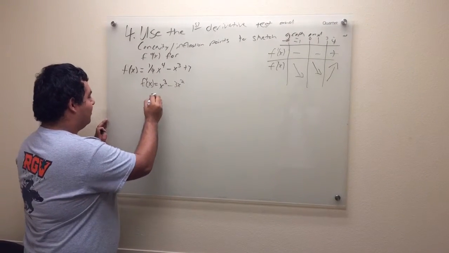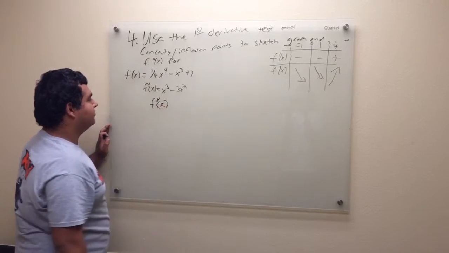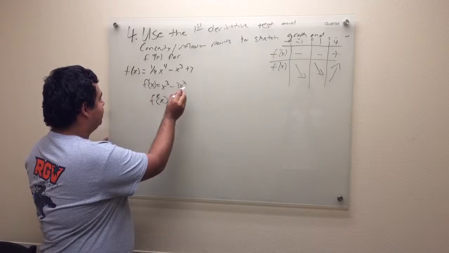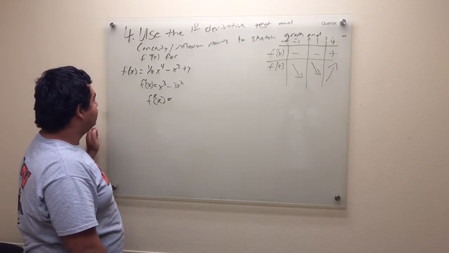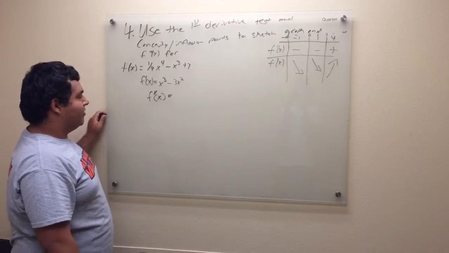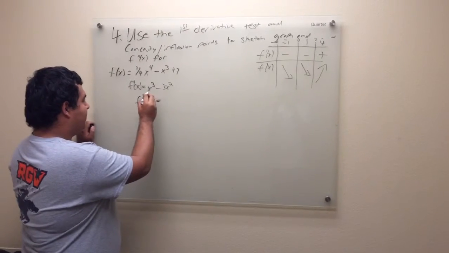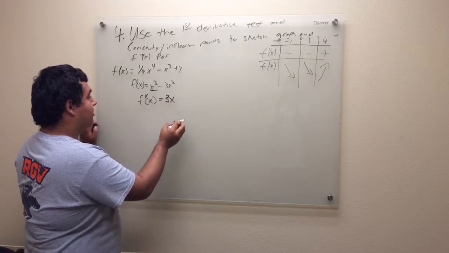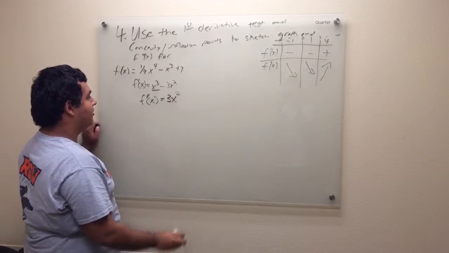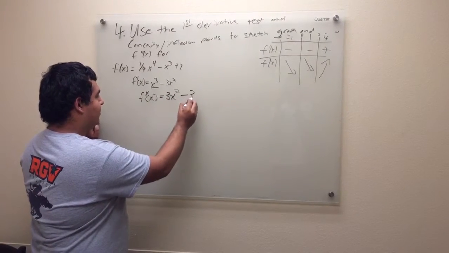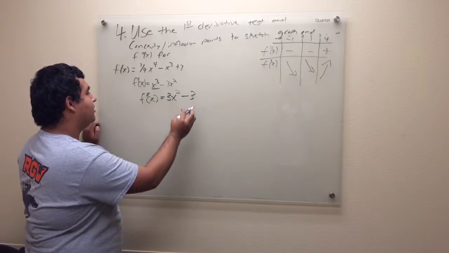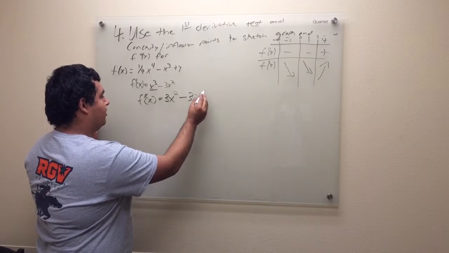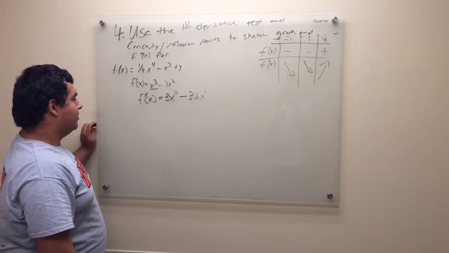Anyways, so f double prime will be the derivative of f prime, the original function's derivative. So here we have a power, so bring down the 3, same base, subtract 1, minus constant 3, bring that down, then power again, so times 2, same base minus 1.